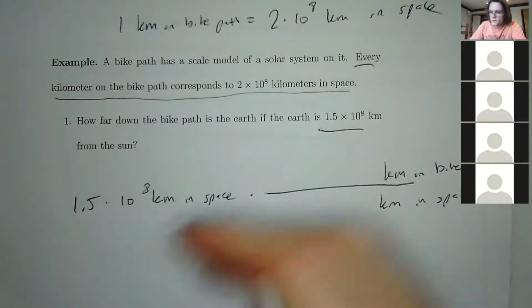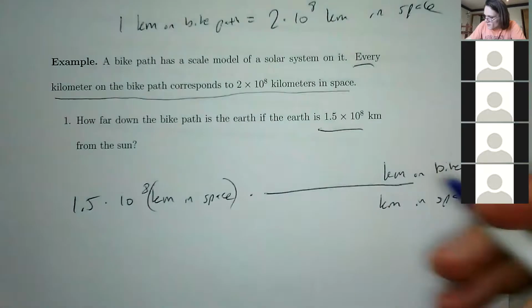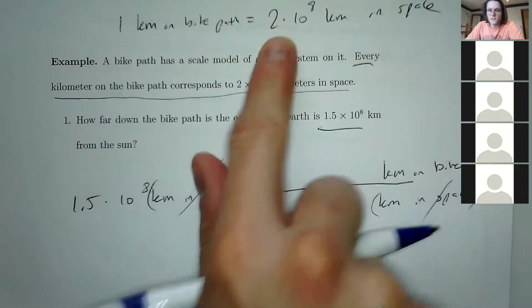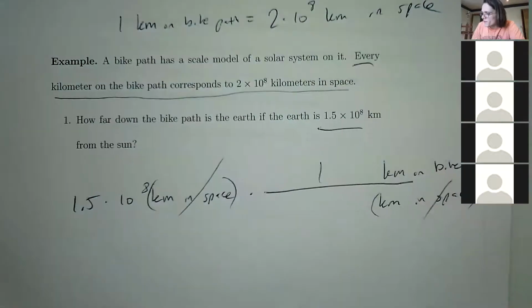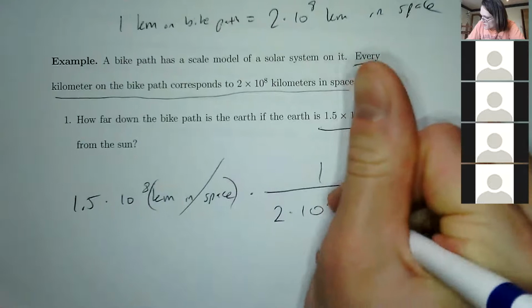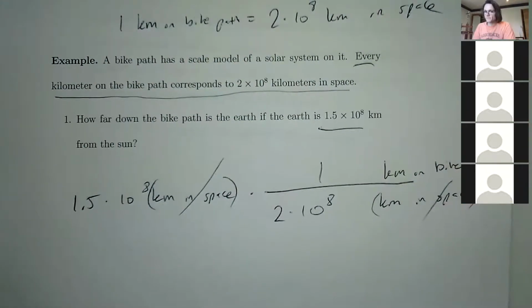The kilometers in space will cancel; they're like their own little unit. The numbers: 1 kilometer on the bike path corresponds to 2 times 10 to the 8 kilometers in space.